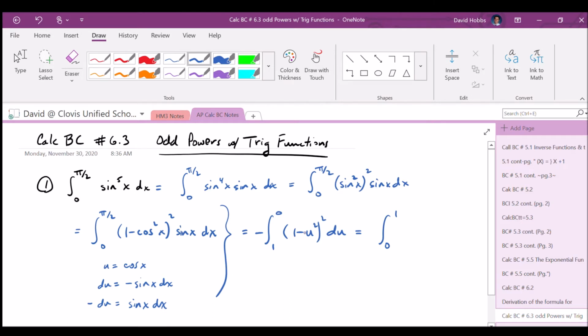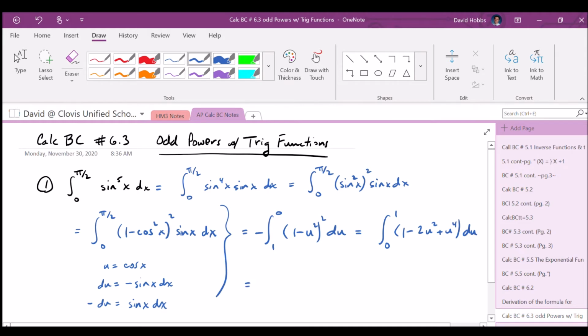And now we're also going to want to multiply out the 1 minus u squared, squared, because the derivative of the guts would be negative 2u, and I don't have the negative 2u there. So we want to go ahead and multiply this out, and so we get 1 minus 2u squared plus u to the fourth du.